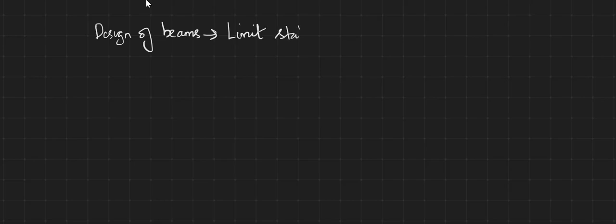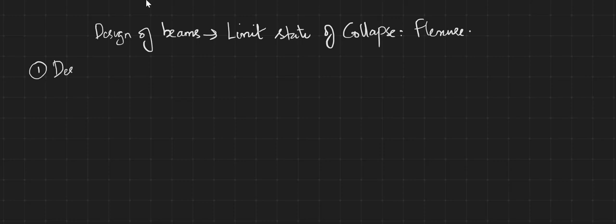Now you are going to study the design of beams. It comes under the limit state of collapse, flexure. That is the bending tensile stress. In the design of beams, you will study the limit state of collapse, flexure.